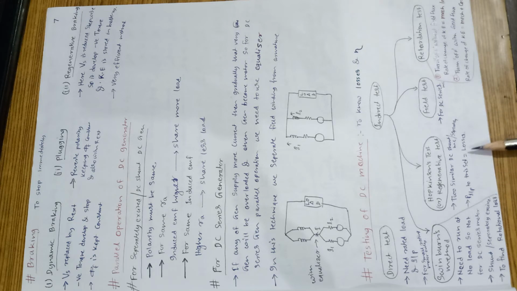Power input to this set is equal to the losses. The field test is used for DC series machines. The retardation test is done in two phases. First, turn off the supply without field flux: the rate of change of kinetic energy is equal to the mechanical loss. Second, turn off the supply with field flux: the rate of change of kinetic energy is equal to the mechanical loss plus the core loss.